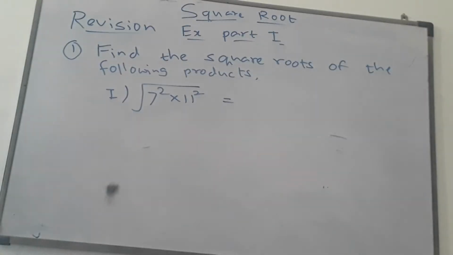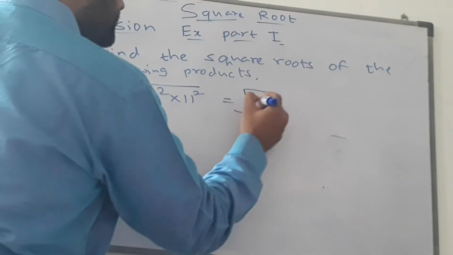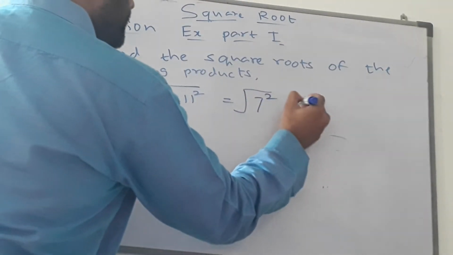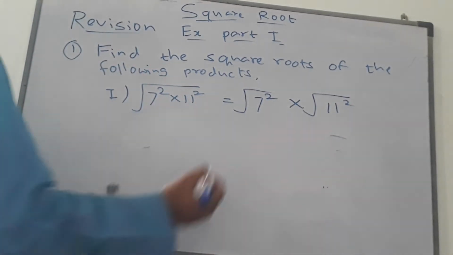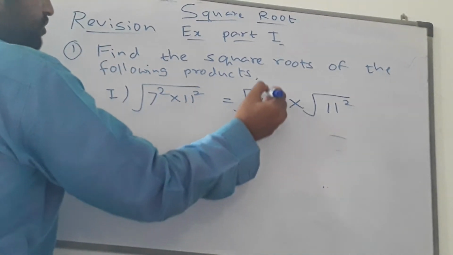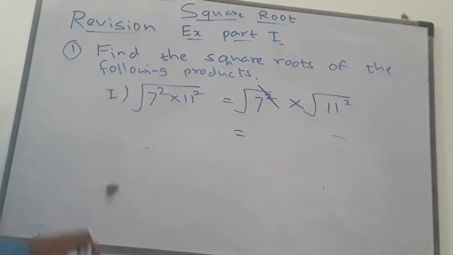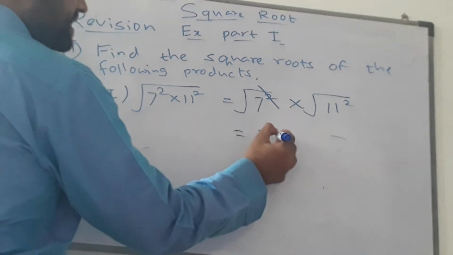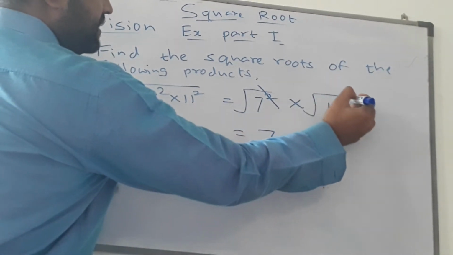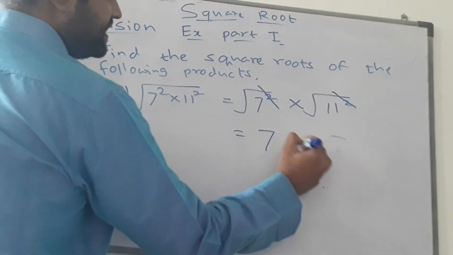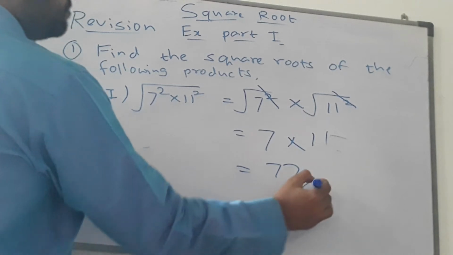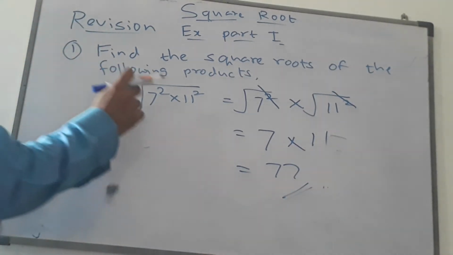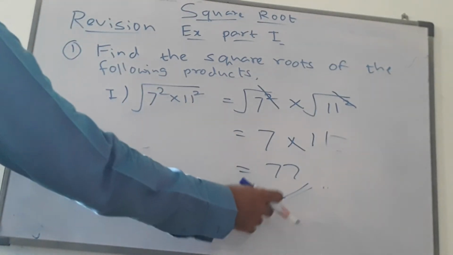We can break it as square root of 7 squared times square root of 11 squared. So square root of 7 squared, the root and the square get cancelled, so it will be 7. Root and the square get cancelled, hence it is 11. So here the answer is 77. So the square root of 7 squared times 11 squared is 77.